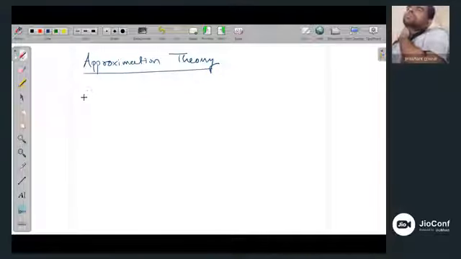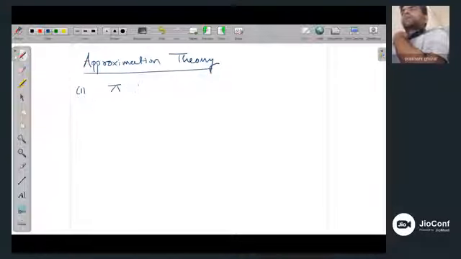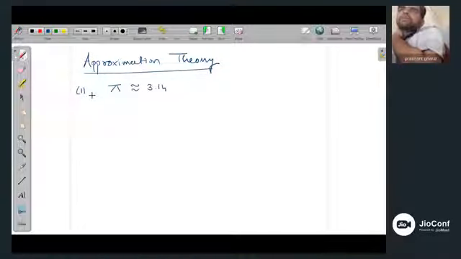When the students are at school level, they start using approximation. For example, when they are in the 7th or 8th standard, they start using the value of pi by approximating 3.14. So this is the first step where students come in touch with the approximation of a number.